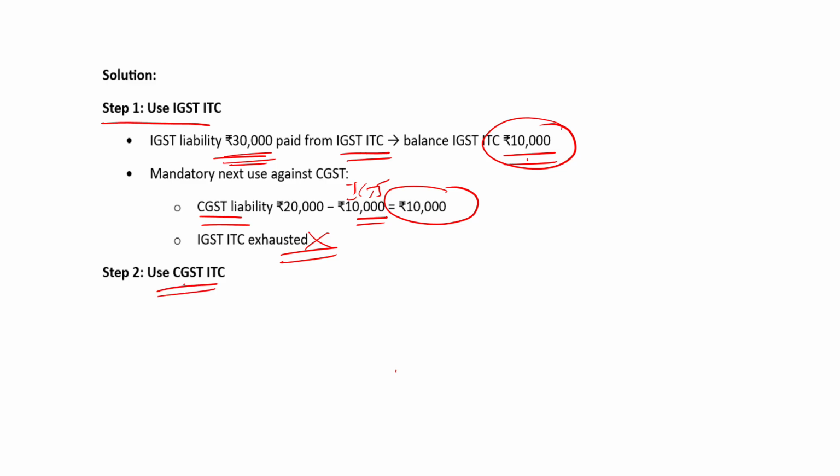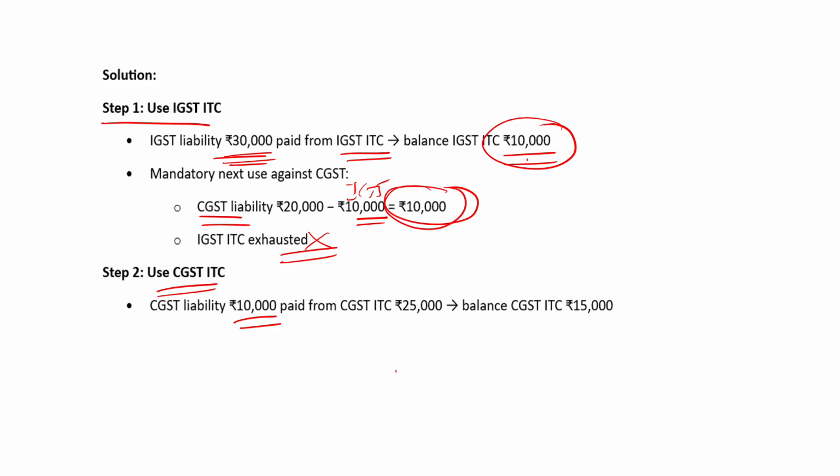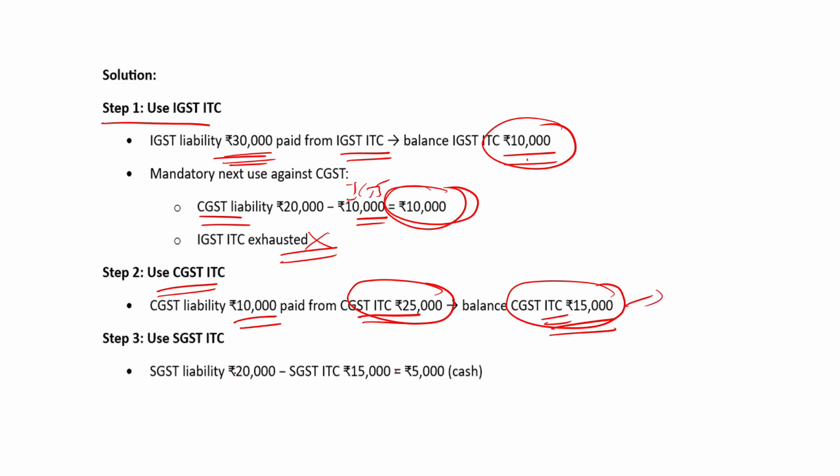Now we need to use CGST ITC. The CGST liability of 10,000 will be paid from the CGST ITC of 25,000, and as discussed previously, the 15,000 balance remaining can be used in future. The third one is SGST.